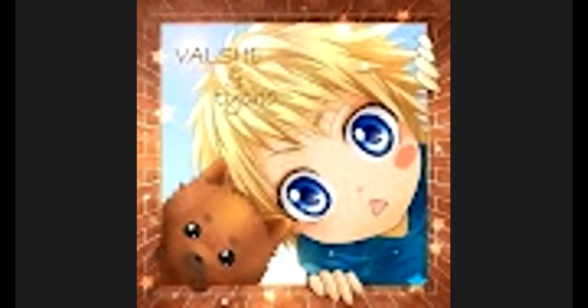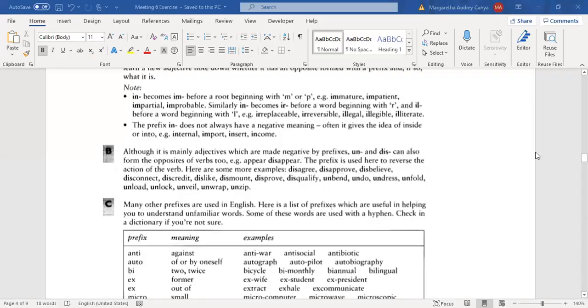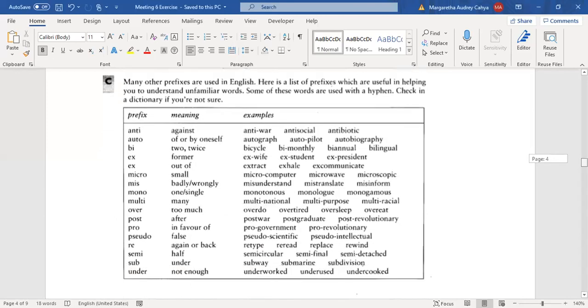Okay. Yeah. And then these are more prefixes, but the ones that we just discussed are the most common ones. But because they're also listed here, these ones are probably also common for you to know.